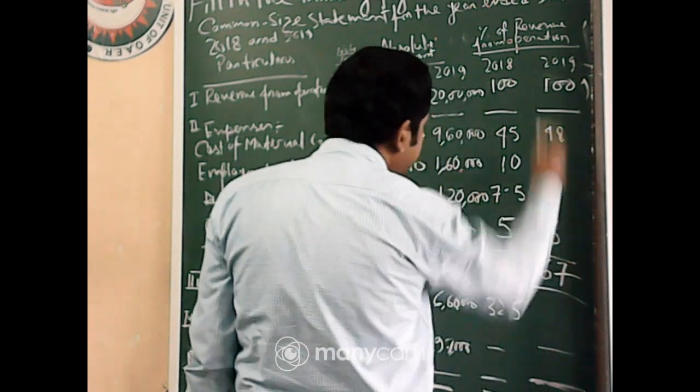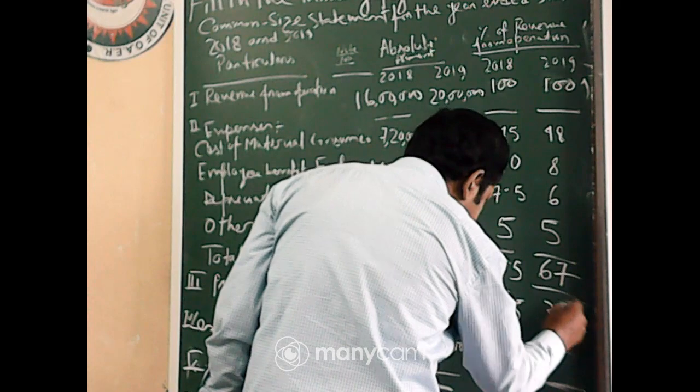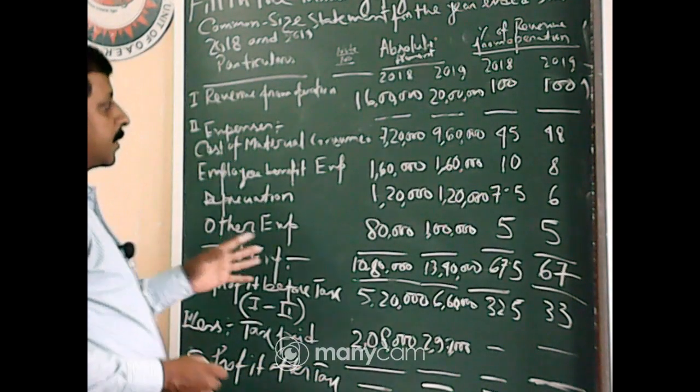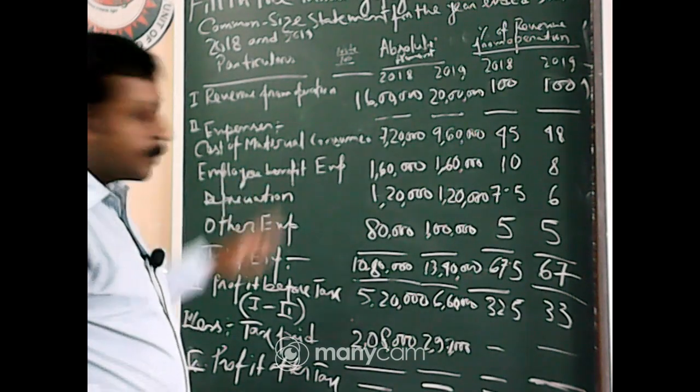And here also 100 minus 67, that is 33. That is the vertical calculation, but that calculation cannot be done in a comparative statement.